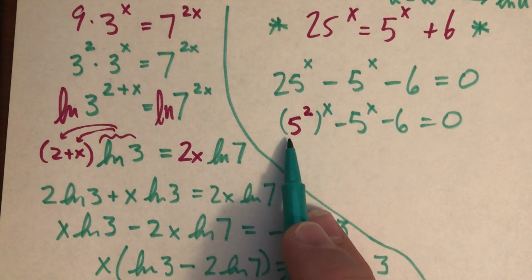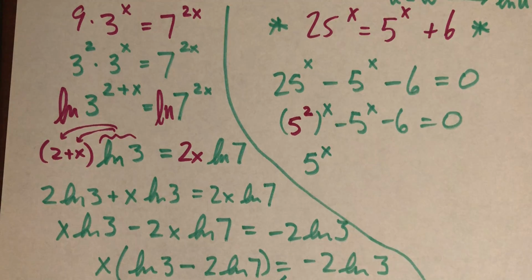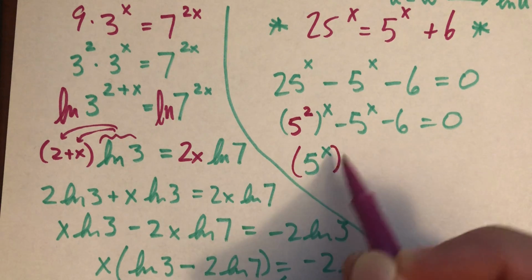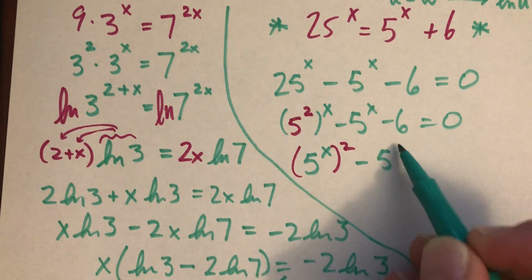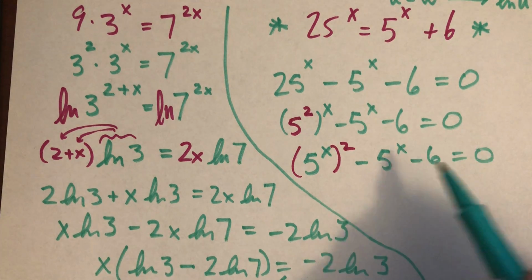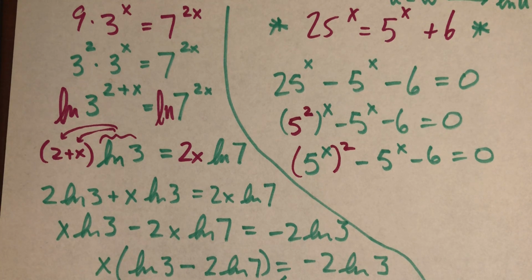Okay, so if I really wanted to, I could write that as 5 to the x, squared, couldn't I? And now hopefully we can see where this is going. If we now notice that this is a quadratic form, that's super convenient for us, right?